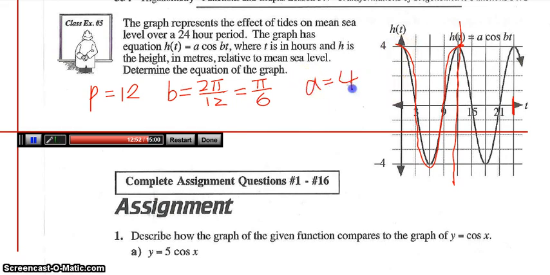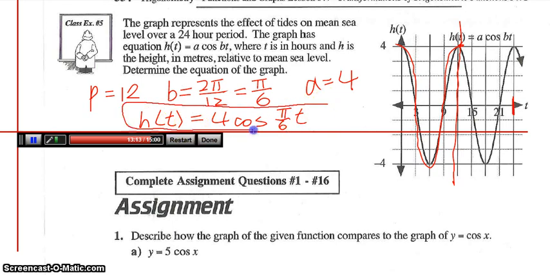So my answer is the height of the tide is A cosine function, pi over 6 t. They want the tidal height as a function of time. This is the first time we saw the B value could have a pi. We have applications with B values that have a pi. T is the time in this question.